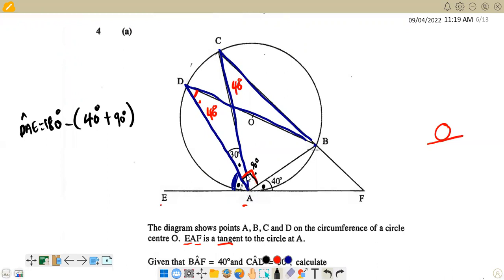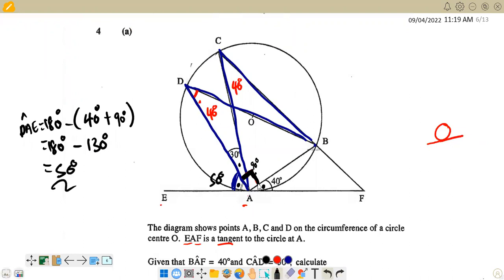It's combined by the 90 degrees because it's covering the 30. So you do not repeat that 30 because already it is being covered by this 90 degrees. All right, so you just subtract these two from 180 degrees. If you add this, it's going to be 130 degrees. If you subtract, that will be 50 degrees. Okay, so this angle here is 50 degrees.